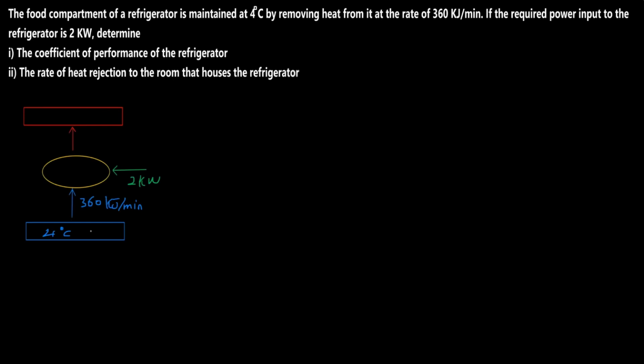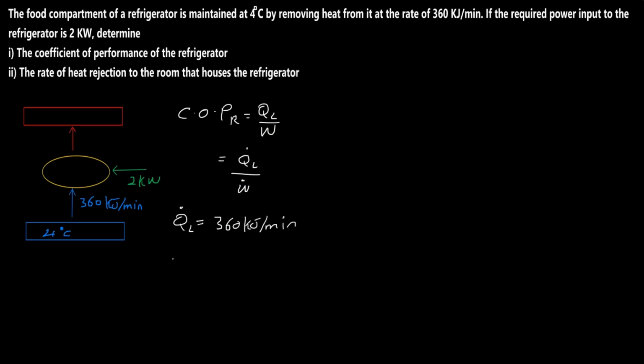So the coefficient of performance of the refrigerator is QL divided by W. We could also write this as Q̇L, the rate at which heat is removed from our refrigerated space, divided by Ẇ, the rate at which work is supplied to the refrigerator. We've been given Q̇L as 360 kilojoules per minute.